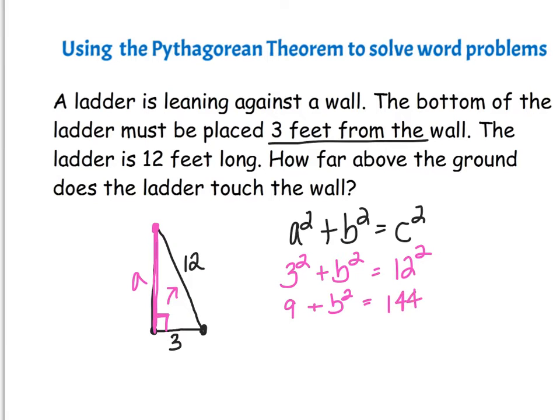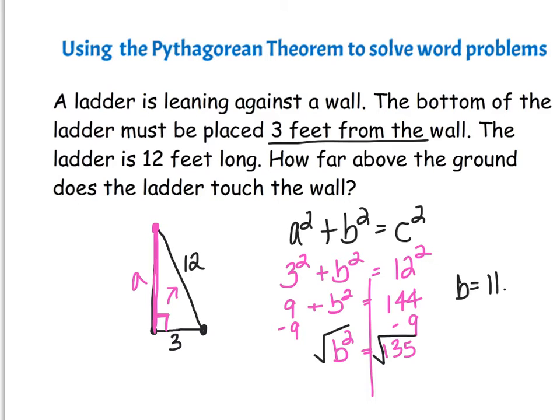12 squared is 144. Now solving an equation, I need to get rid of the 9. So I'm going to subtract 9 on both sides. I get b squared equals 135. Again, to get b by itself, the opposite of squaring something is to take the square root. And when I do that, I'm going to round to the nearest tenth.